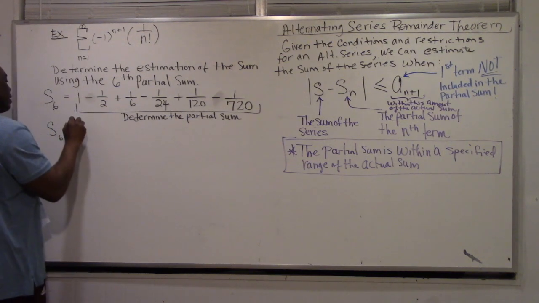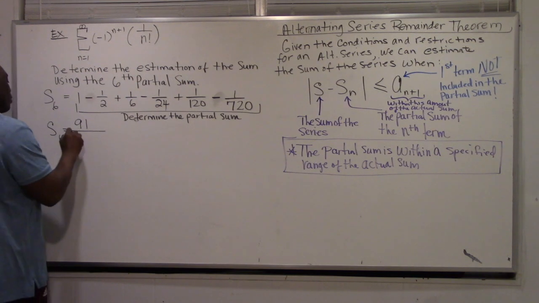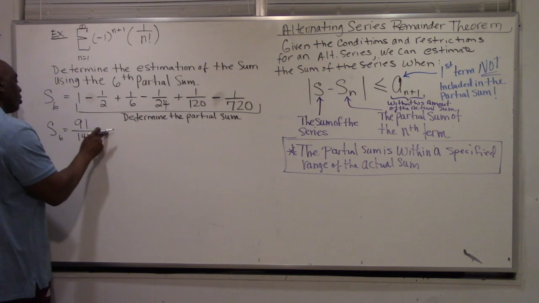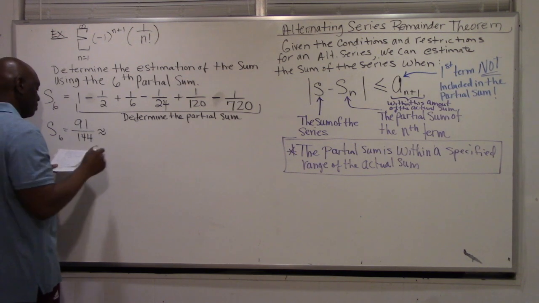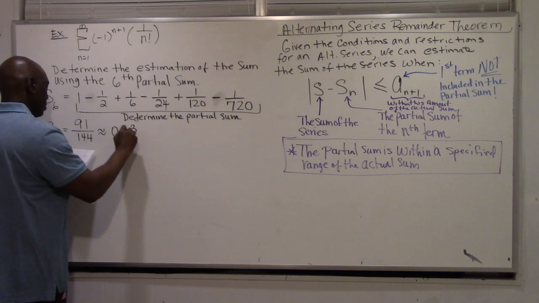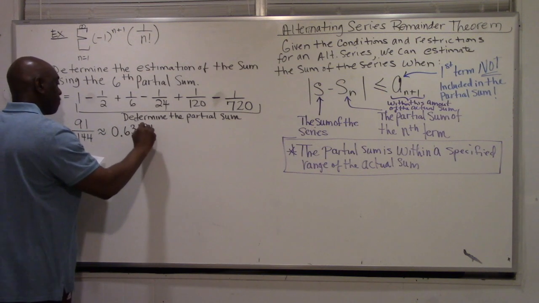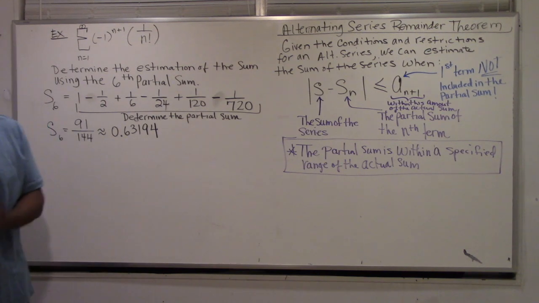You get 91 over 144, which is approximately 0.63194. All right. That is your 6th partial sum.